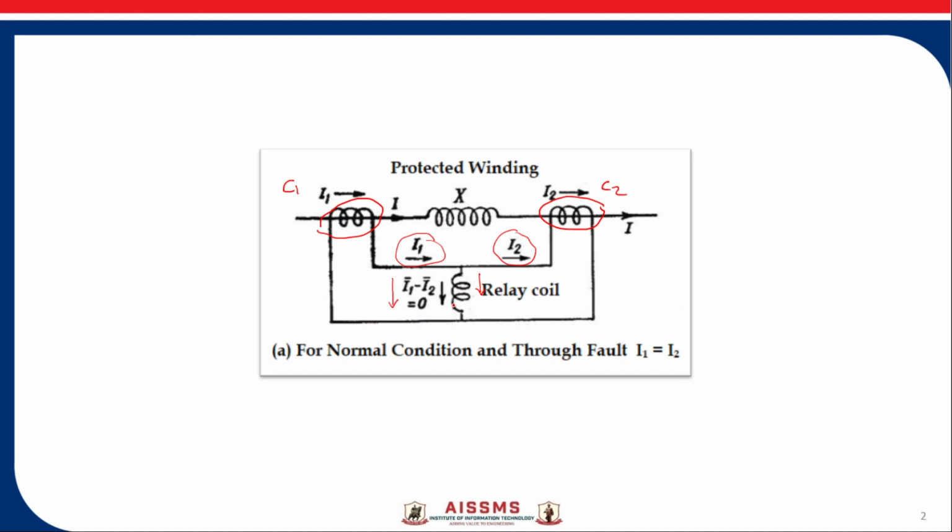But as I1 equals I2, the difference equals 0. This is the balanced condition. So the relay is in inoperative mode, or it remains as it is, under normal condition or under through faults.